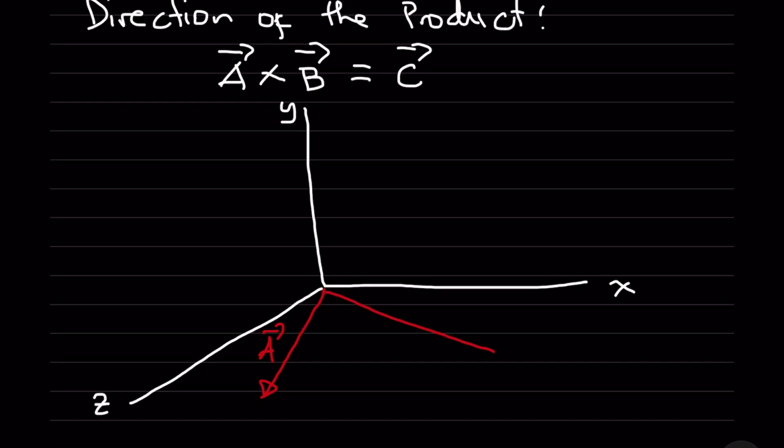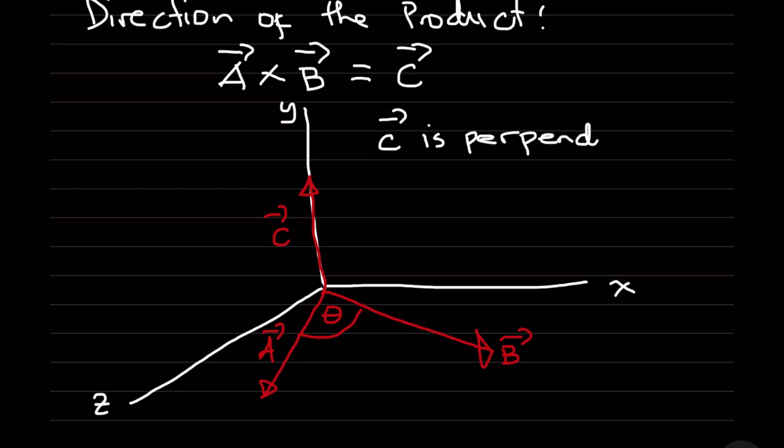Suppose we get the cross product of vectors A and B. The angle between them is theta. The direction of their cross product, which is C, is perpendicular to the plane of vectors A and B, as shown in this figure.